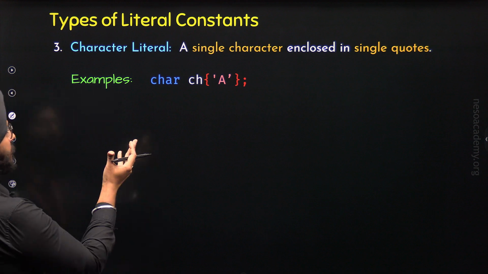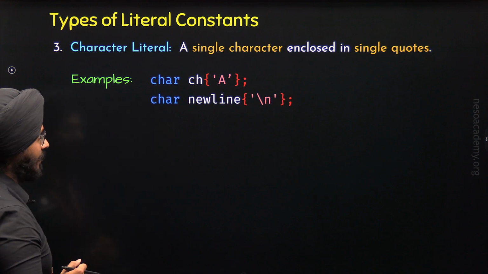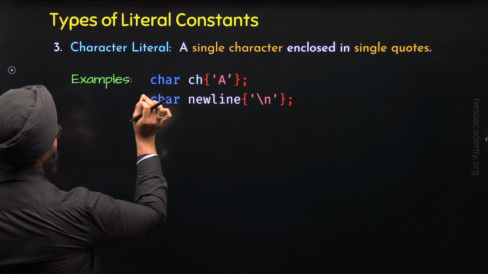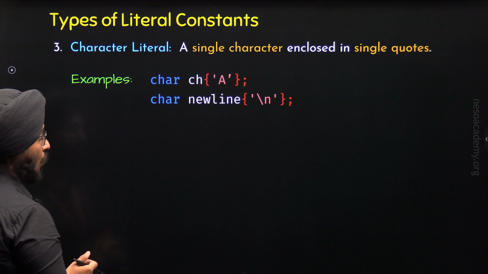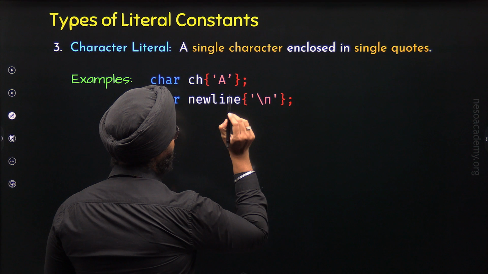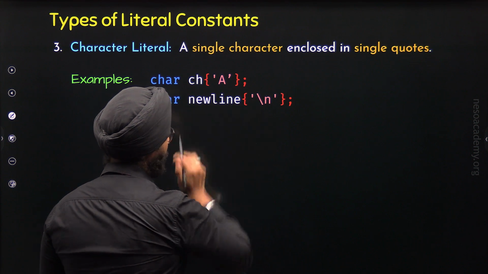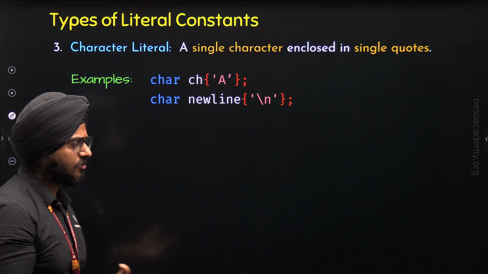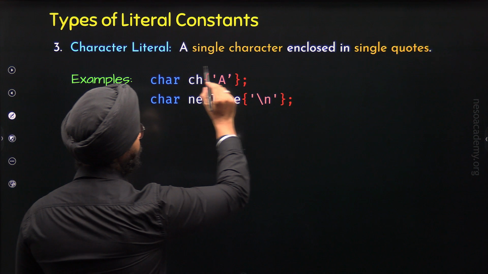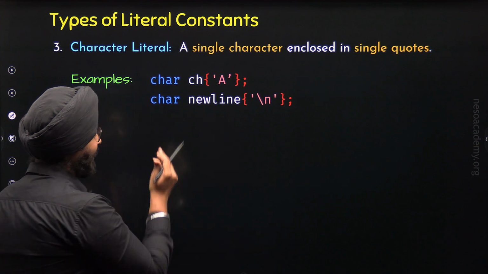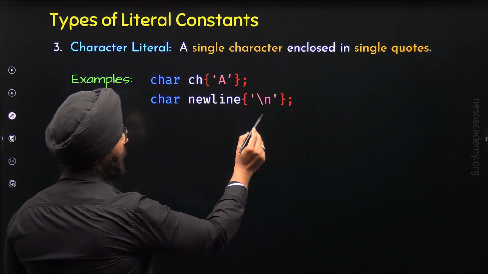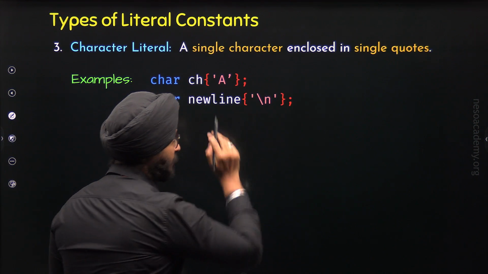Now let's take one more example of a character literal. Here I have defined this variable newline. Again, this variable is of type character. Therefore, this variable can hold a character literal. I have assigned this character literal \n to this newline variable. Now you might be thinking, this must not be a character literal because this is not satisfying this specific definition. A character literal is a single character enclosed in single quotes, but here we have two characters enclosed within single quotes.